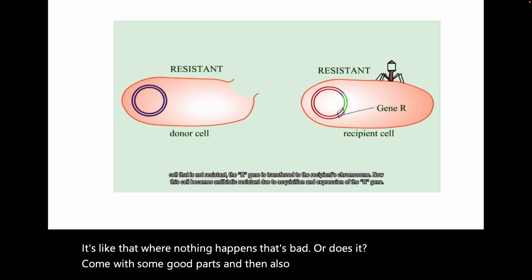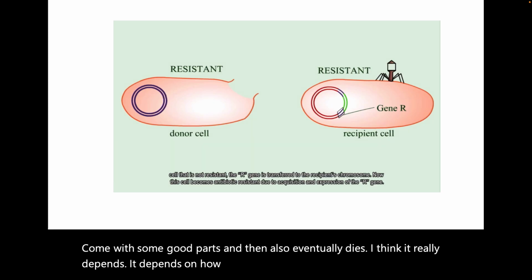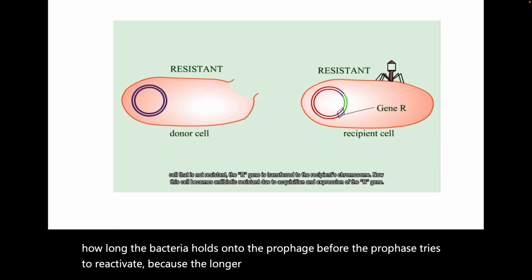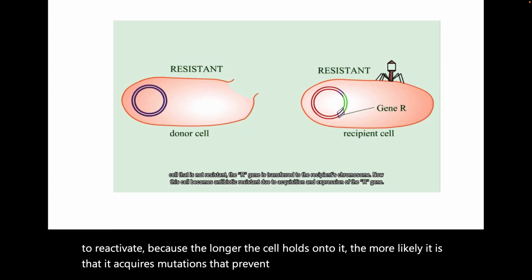I think it really depends. It probably depends on how long the bacteria holds onto the prophage before the prophage tries to reactivate, because the longer the cell holds onto it, the more likely it is that it acquires mutations that prevent it from being able to do the excision of itself.